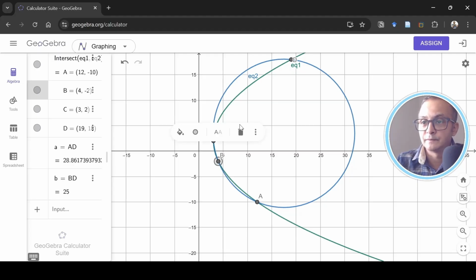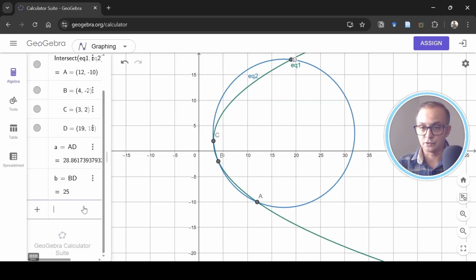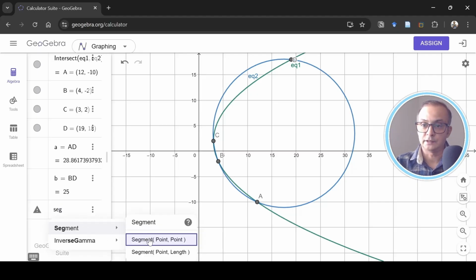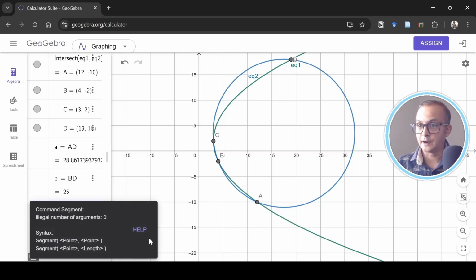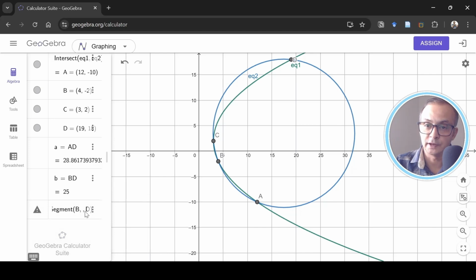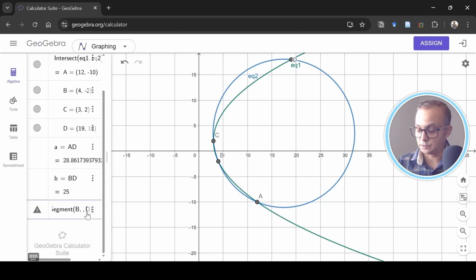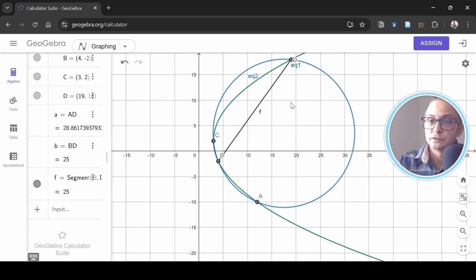That BD is this length, segment BD. That gives you this length BD, and that is the length 25. So in this scenario, you get the same thing.